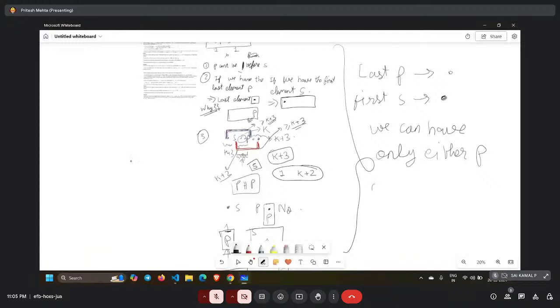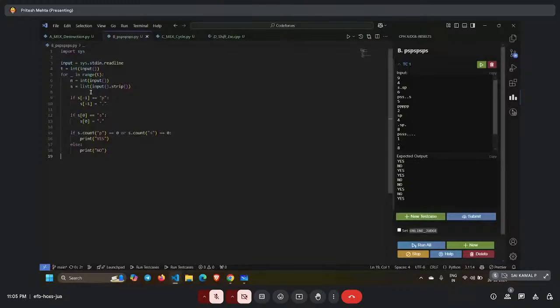So we have taken input n and s, and according to our simplified case analysis, we will remove the last p and first s as they are not relevant. And now we check if the count of p equals 0 or the count of s equals 0, then we are sure that at least one of them is not present.